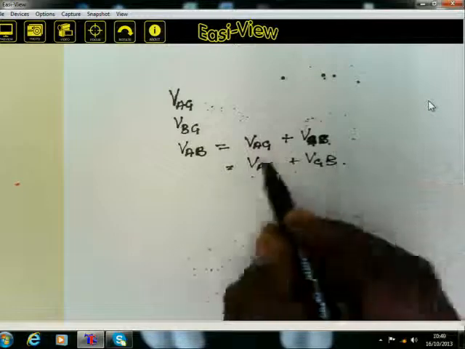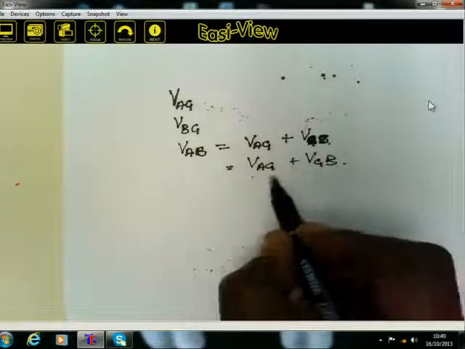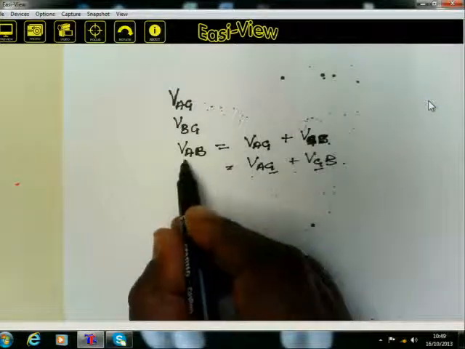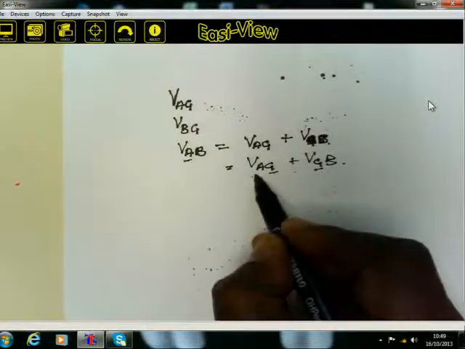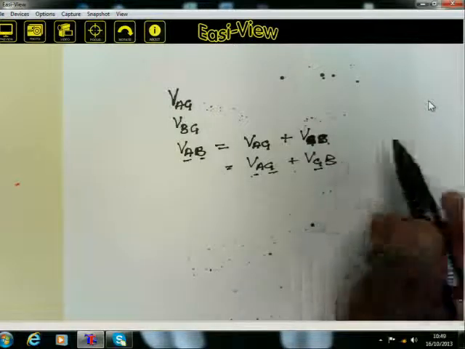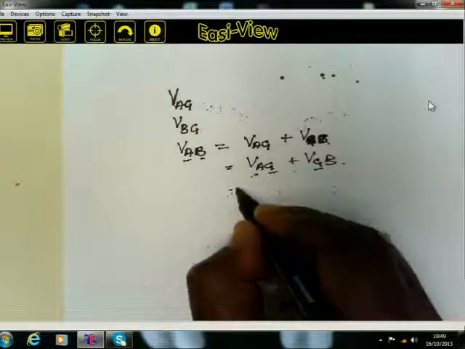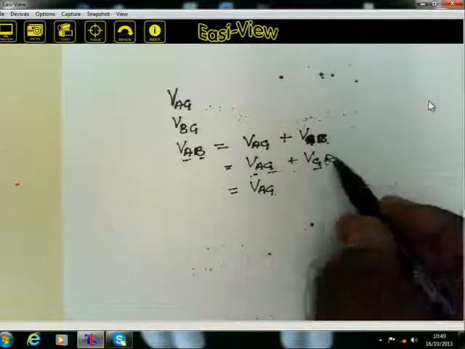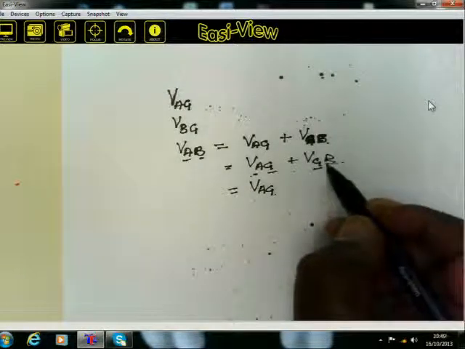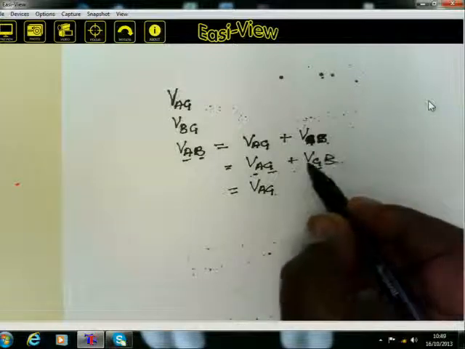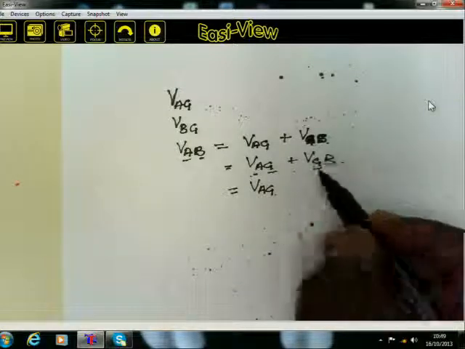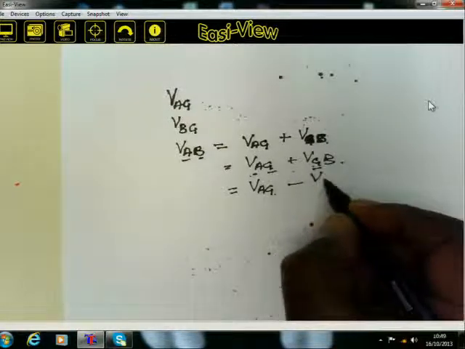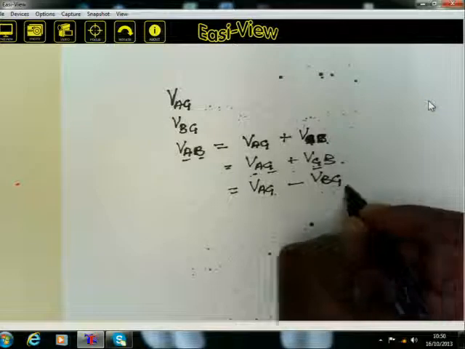This is the standard way of writing it, just to have the ground inside, so that outside here we have A, and outside we have B. But we will notice that if you take VGB and swap the subscript, if GB is positive, then BG will become negative, so you write that as minus VBG.